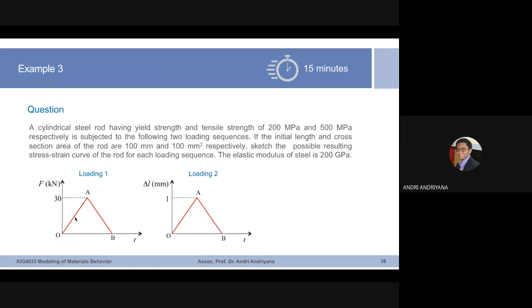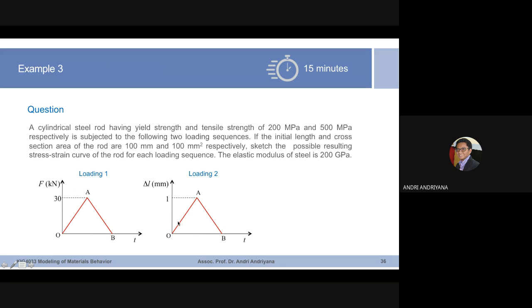You pull it by a certain amount of force up to the maximum at point A here, 30 kilonewtons. After that, you bring the material to point B where the load is 0, where the force is 0. Starting from 0 force to 30 kilonewton force and bring back to 0 force.